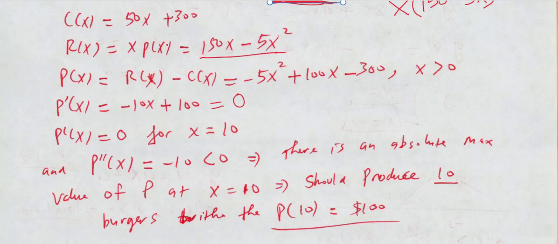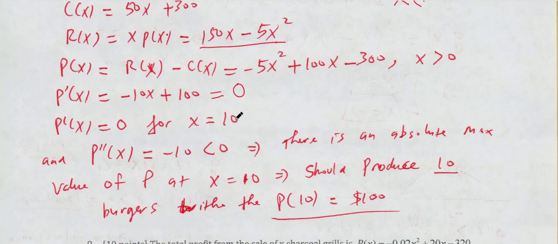And to decide if this is the max profit or the min, or the local max or local min, we can use the second derivative test in this case. Because I got P prime of x equals minus 10x plus 100, when I took the second derivative, minus 10x becomes minus 10, and 100 becomes 0.